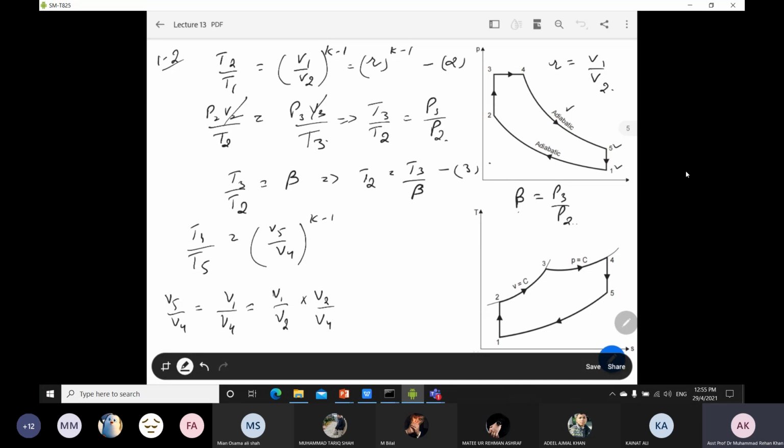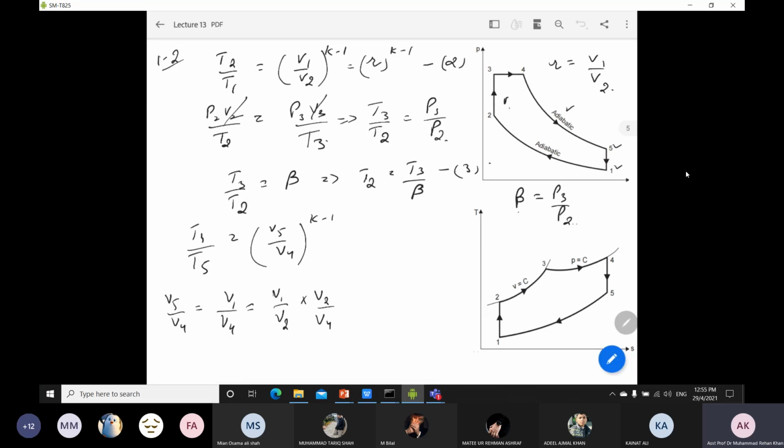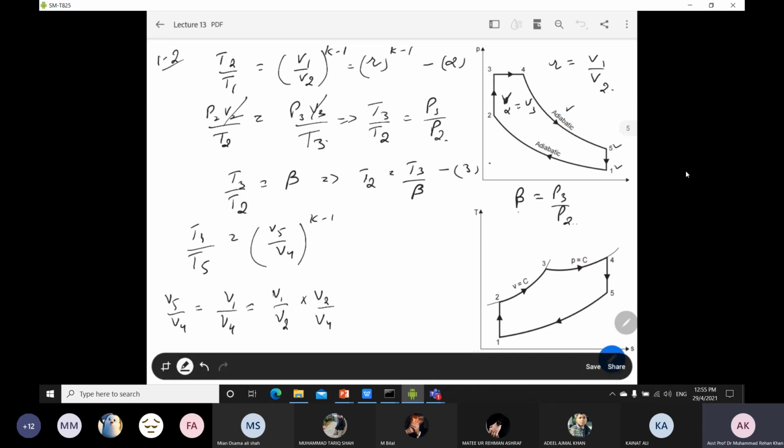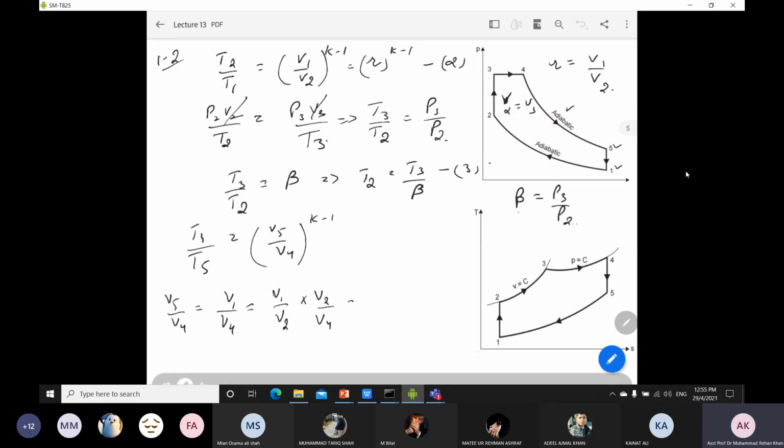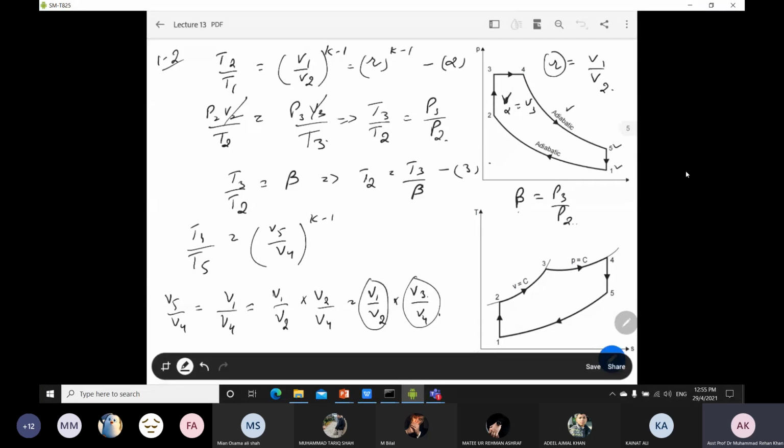From here I can write that V2 is equal to V3, because the volume at point 2 is equal to the volume at point 3. So V1 over V2 times V3 over V4. Remember, V1 over V2 is the compression ratio, and V3 over V4 is the cutoff ratio, which we already discussed in the diesel cycle case.